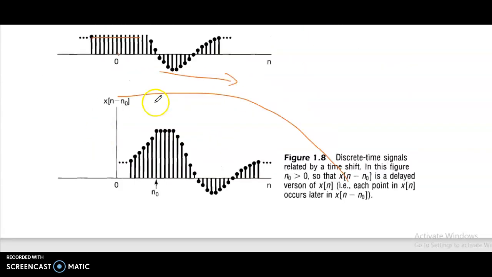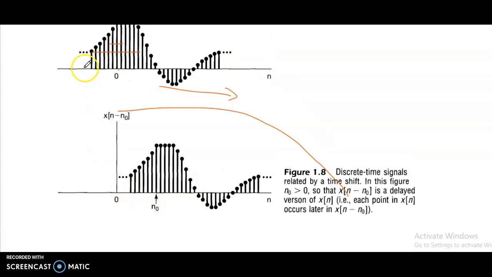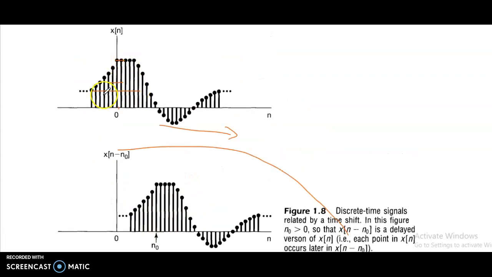Actually, this is the shifting process. This one goes up to here.